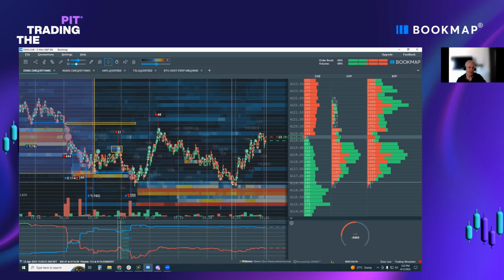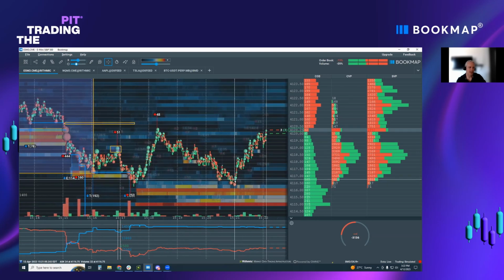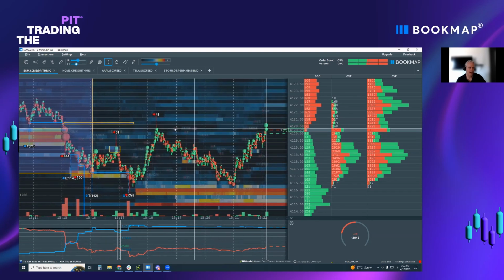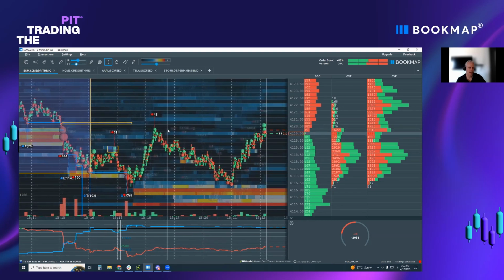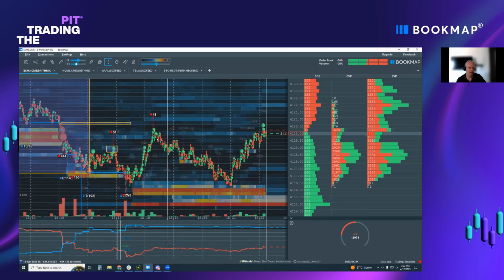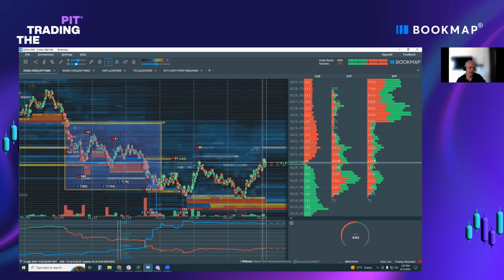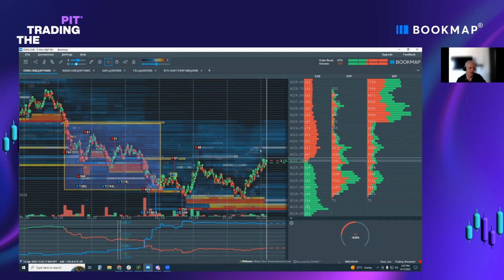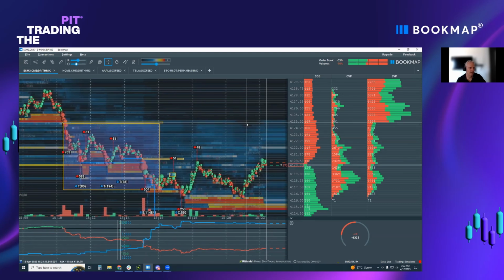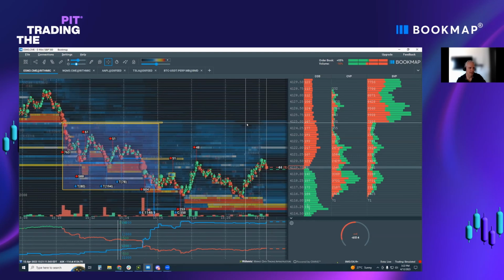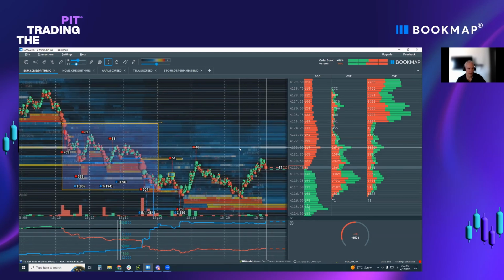What this means is that there's not as many sellers down here. We'd look for these buyers to take it back up here and retest the high. They've already done it. So the secondary scenario is look for more up here. And then we look for 23, but really 25 would be the next stop for these buyers to take it.